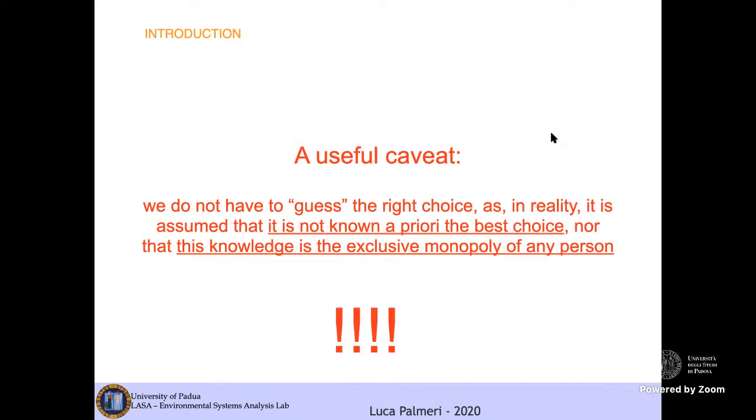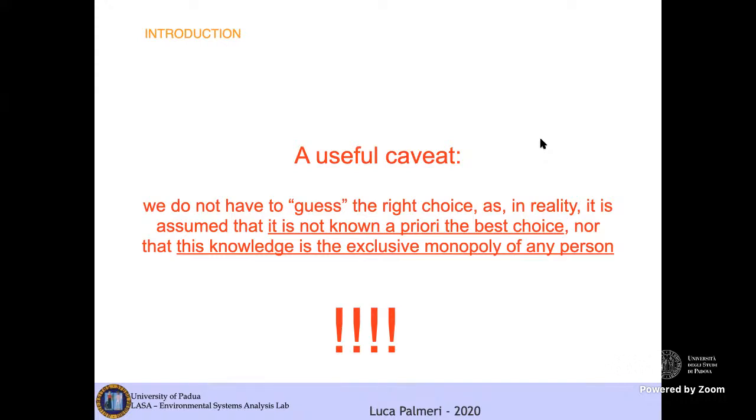Let's see how we can make this choice a little bit more robust. A useful caveat: we do not have to guess the right choice, as in reality it is assumed that it is not known a priori what is the best choice, nor that this knowledge is the exclusive monopoly of any person.